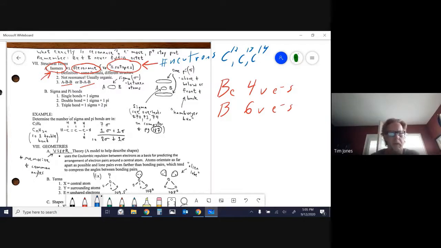Now, something you've probably not heard of before are what are called sigma and pi bonds. And what this is used for is to help describe how covalent bonds are sharing the electrons. Now, a single bond is the same thing as a sigma bond. And I have a drawing here.